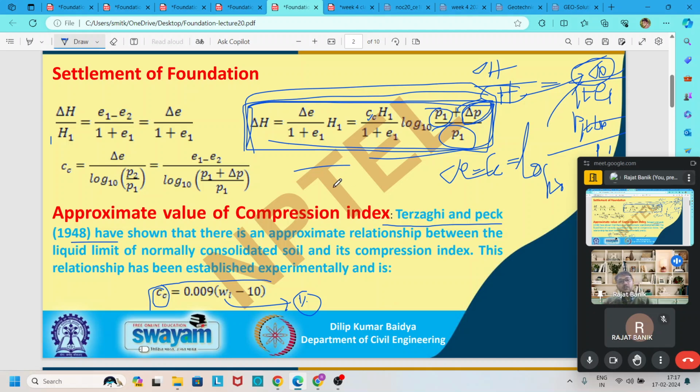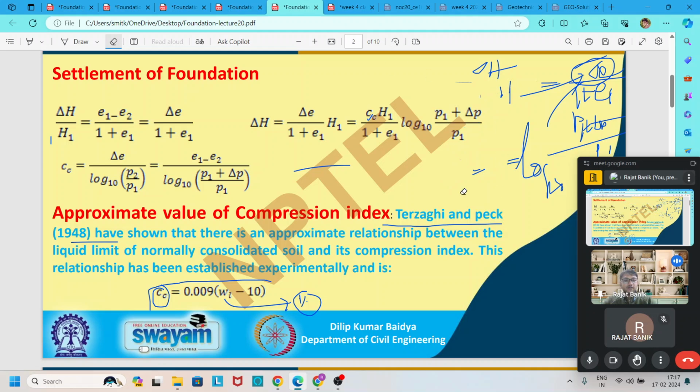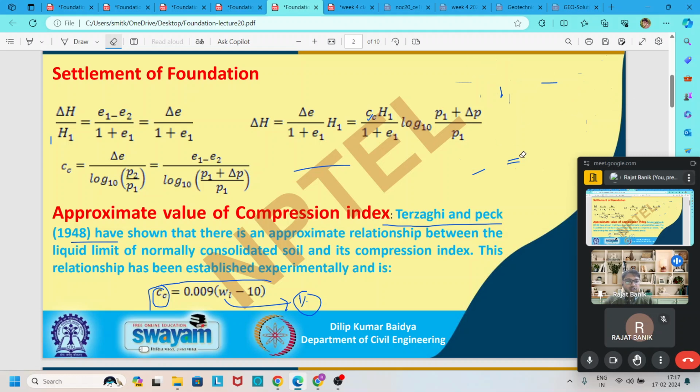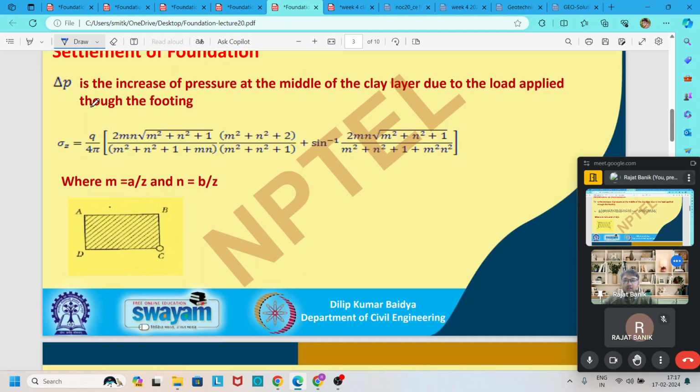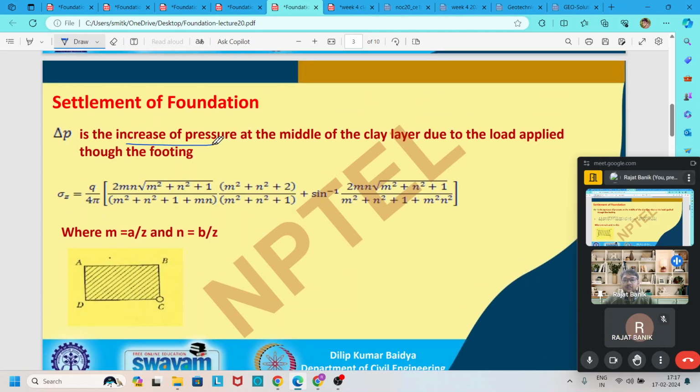So to find out this del P, there are some elastic formulations given, or some approximate methods. Based on the elastic formula for rectangular footing or load distribution formula, this del P is the increase of the pressure at the middle of the clay due to the load applied through the footing.